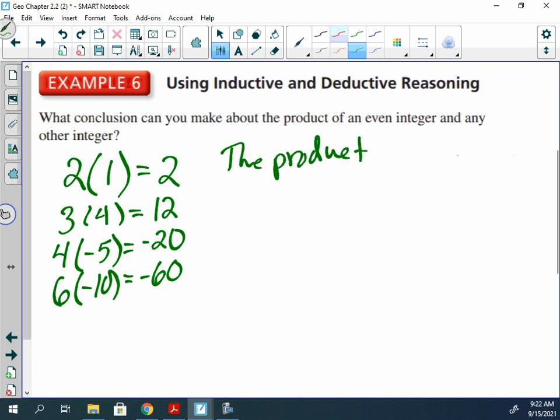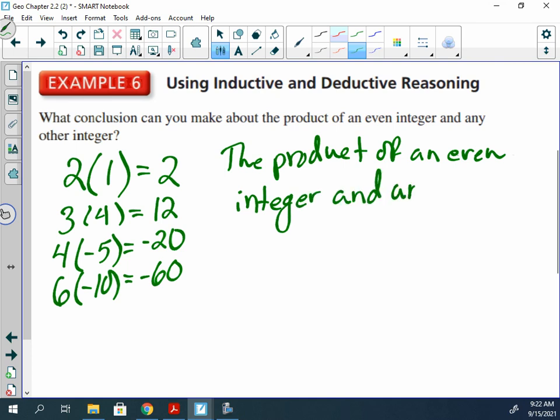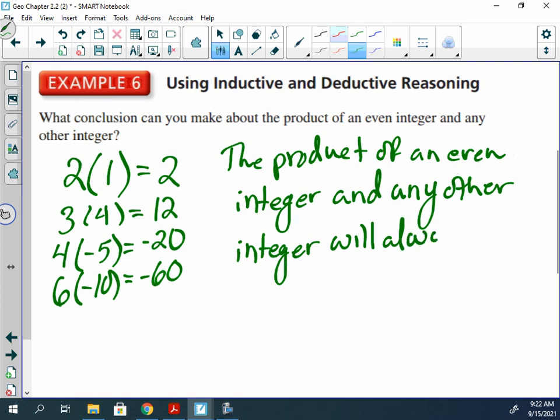The product of an even integer and any other integer will always be even.